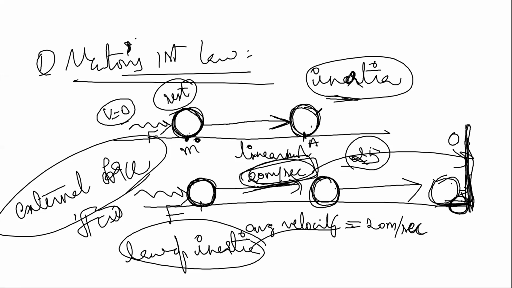It is not at all willing to go to another state; it always wants to stay in the same state of motion. This is called the law of inertia. Newton's first law is called the law of inertia. This phenomenon is called inertia. Now you understood Newton's first law.